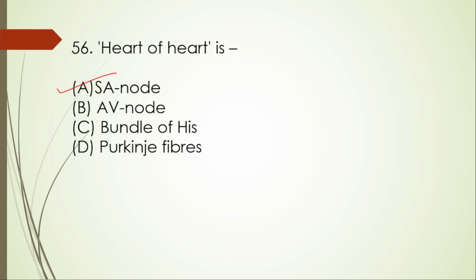Also for rhythm control, it regulates the pace and rhythm of the entire heart, ensuring the chambers contract in a synchronized manner. And it is self-excitable, which means unlike other tissues, it can generate these impulses spontaneously without needing a signal from the nervous system. That's why it is called heart of heart.